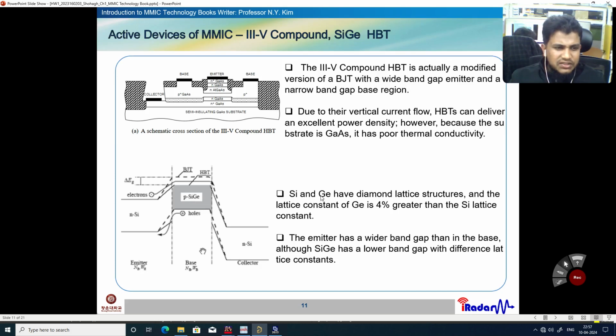Here this is the curve of silicon and germanium. Germanium has a diamond lattice structure, and the lattice constant of germanium is 4% greater than the silicon lattice constant. The emitter has a higher band gap than the base, and although silicon germanium has a lower band gap, it has a different lattice constant.